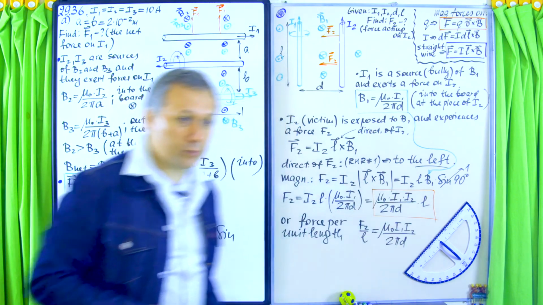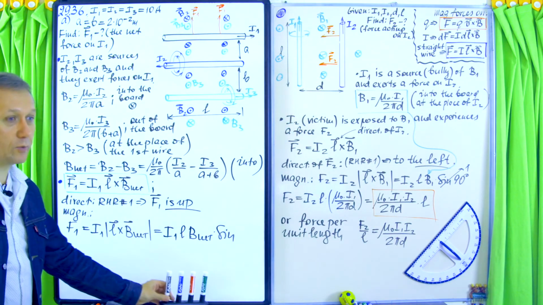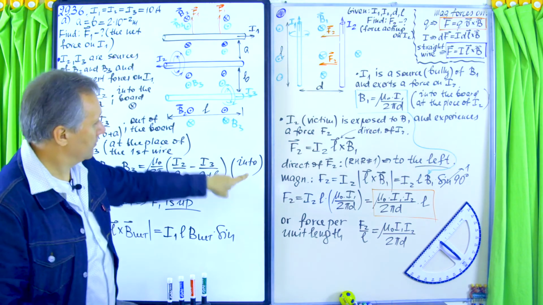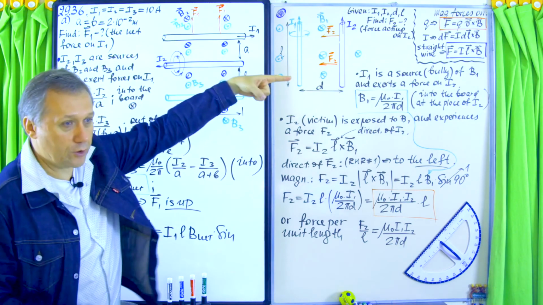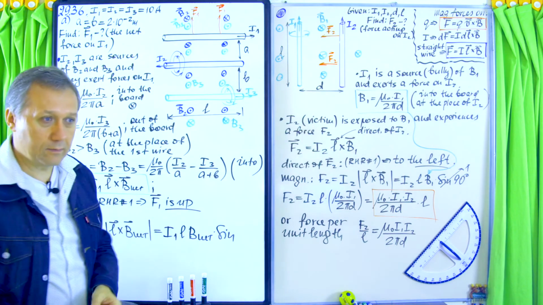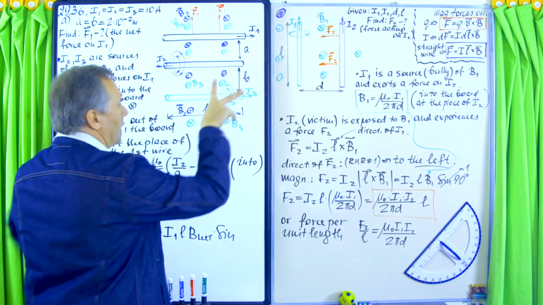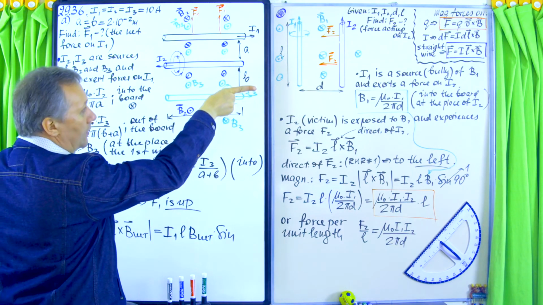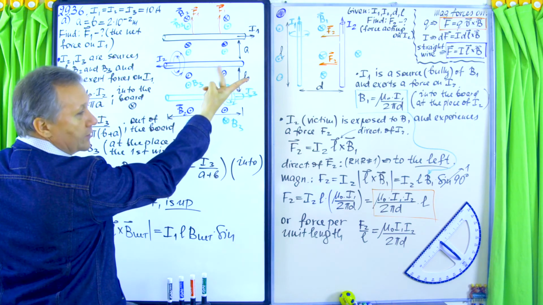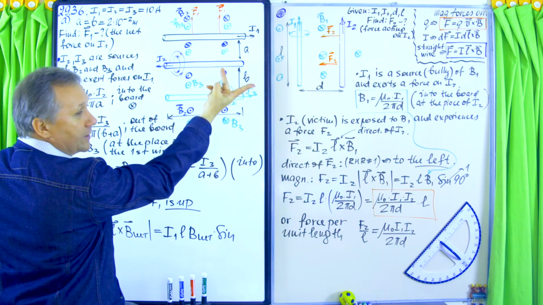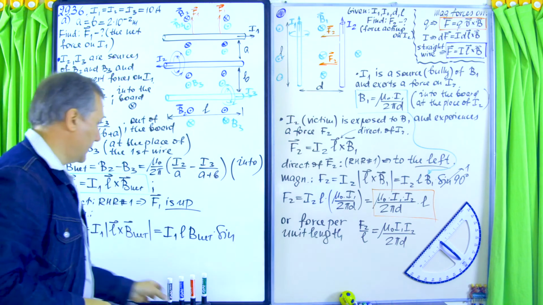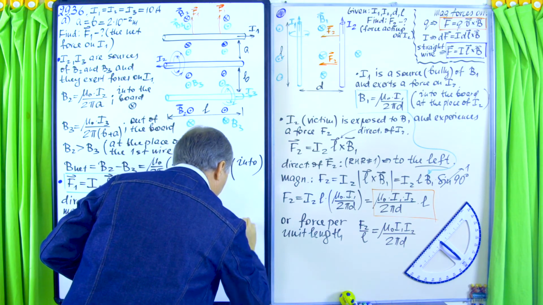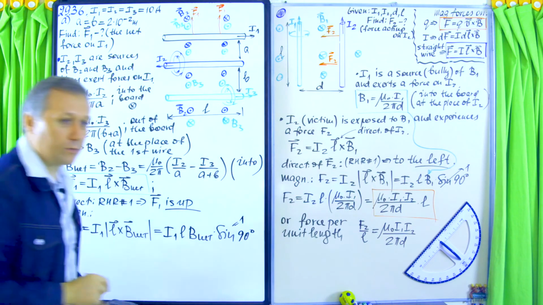You see, I'm almost repeating steps. And you can see on the picture, what's the angle between L and B net? B net is into the board. L is to the right, right? So L that way. B is into the board. So the angle between them is 90 degrees, right? So sine of 90 degrees is 1, exactly the same as over there.